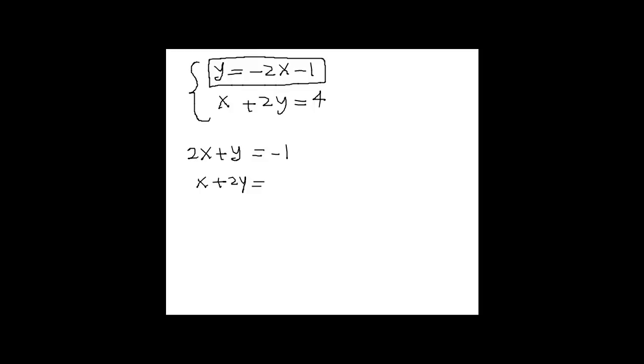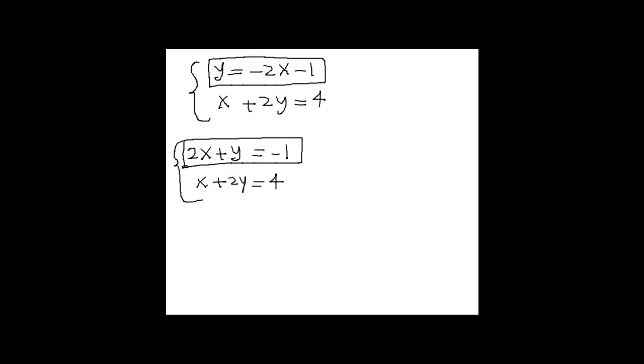Do you realize that these two sets of equations are exactly the same, first of all? Very good. So the first equation could be given to us as 2x plus y is equal to minus 1 instead of that.